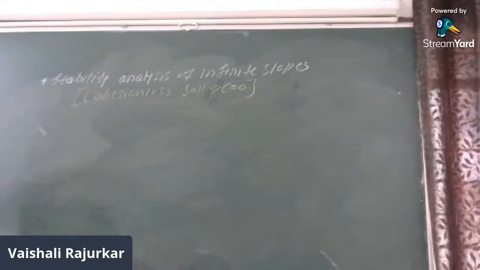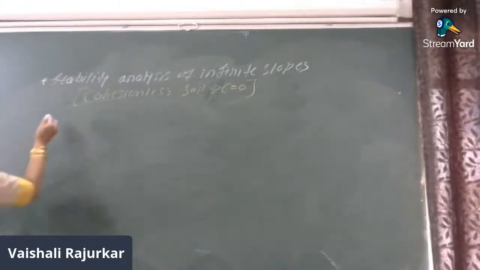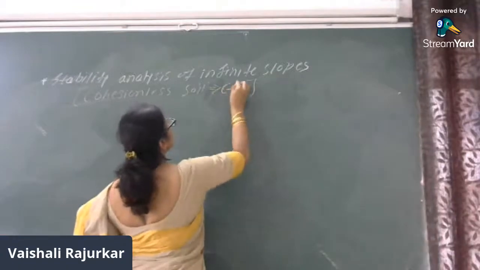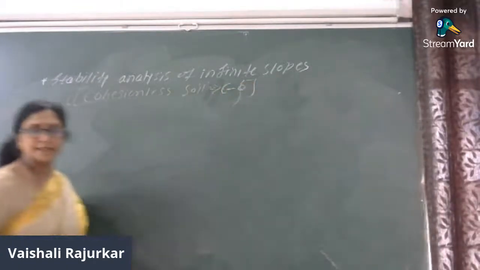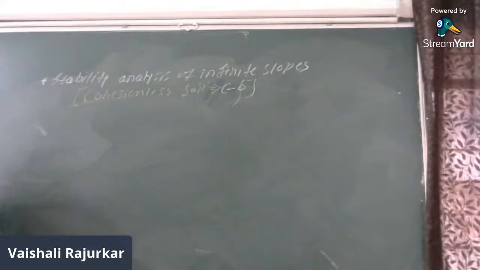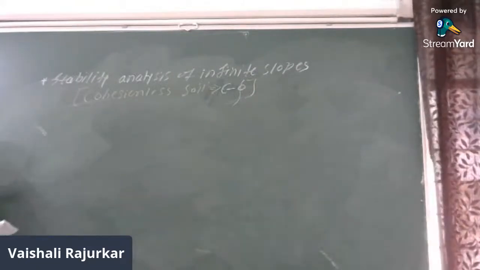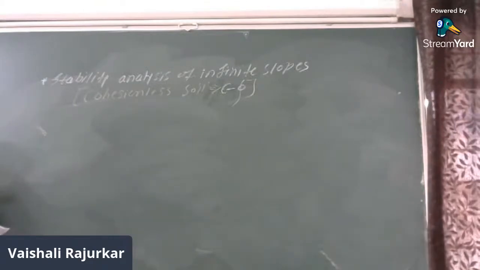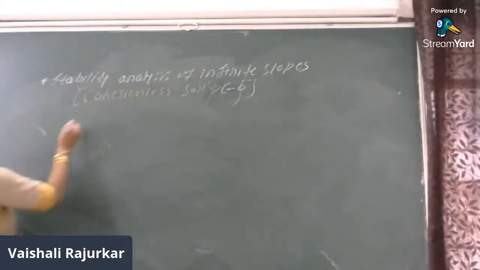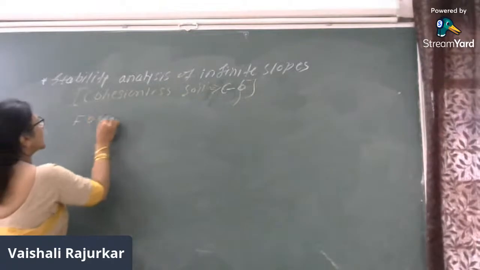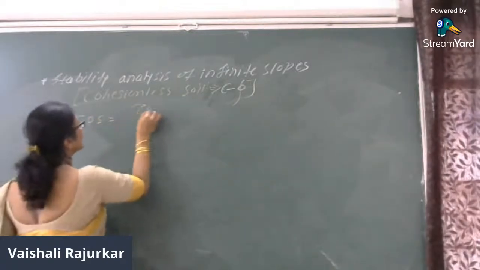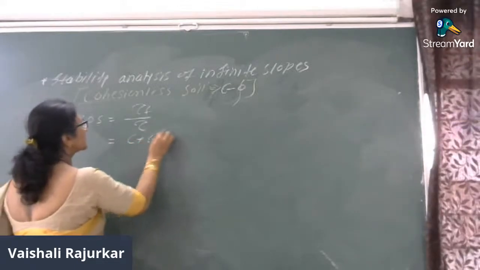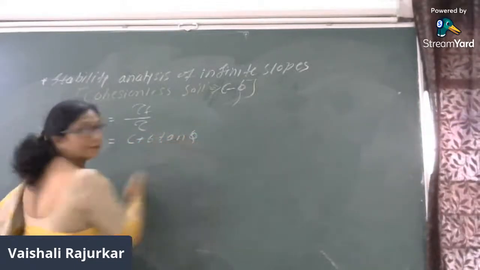Now if there is a C-phi soil, this soil possesses both cohesion as well as friction. Therefore, whenever there is a consideration of factor of safety, again, what is tau f and what is tau? Here tau f is C plus sigma tan phi.